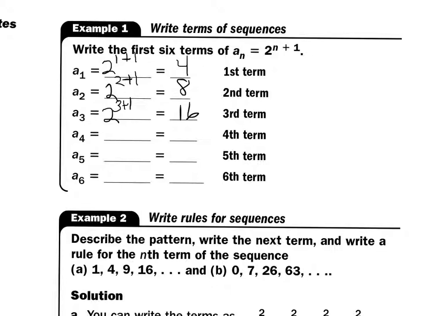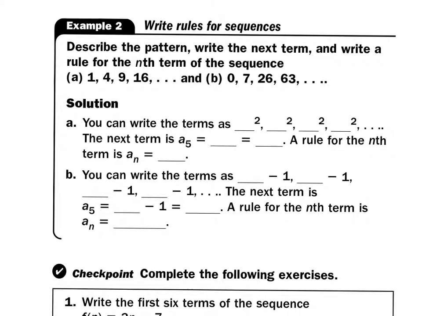Okay, example 2. Write the rules for the sequences. Describe the pattern and write the next term. Write a rule for the nth term of the sequence. Before we start these, it's helpful to go ahead and write the domain. So let's list the terms. This is term 1, and 2, and 3, and 4.